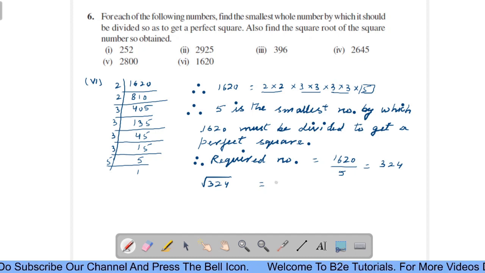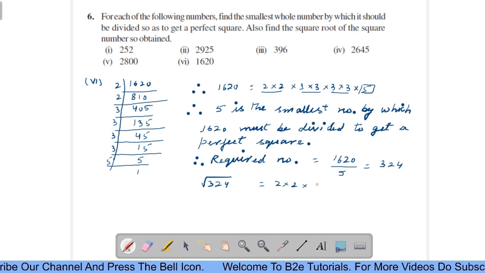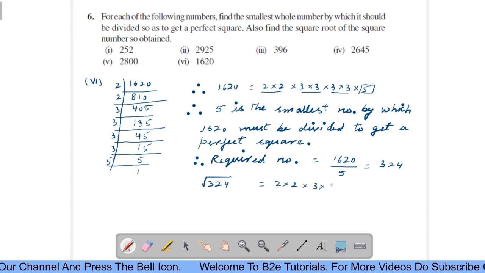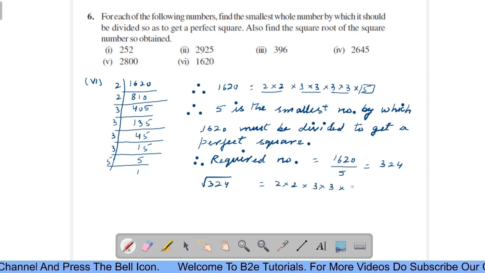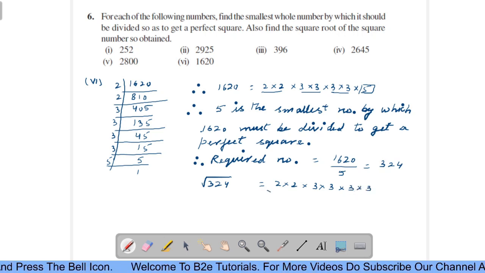So this can be written as 2 into 2 into 3 into 3 into 3 into 3 within the square root.